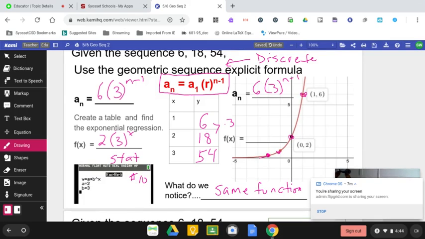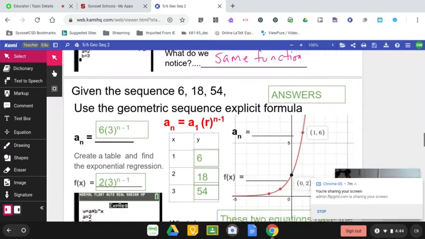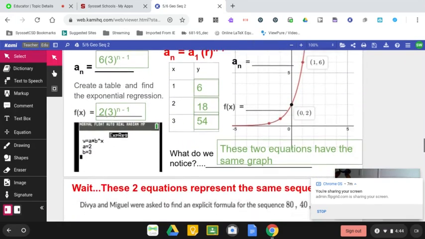They wouldn't line up in a straight line. They would be a curve, like an exponential function. But they would actually be the same pattern. They look different because the explicit form of the geometric sequence uses the first term, and the function form of the exponential function uses the y-intercept. But they are exactly the same, and you can prove that with the calculator.